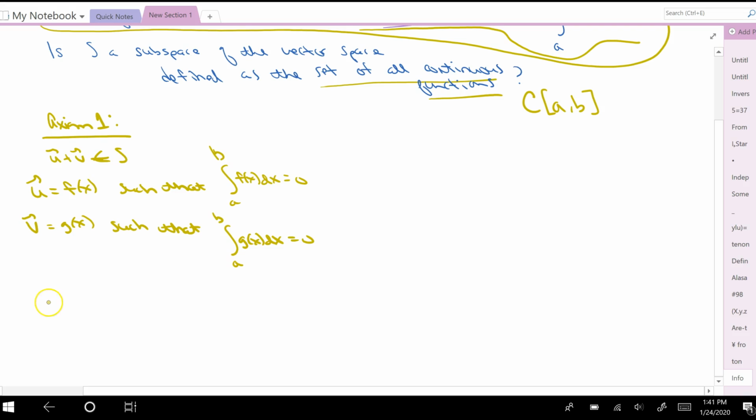Let's see. If I do u plus v, in this context that equals f of x plus g of x.